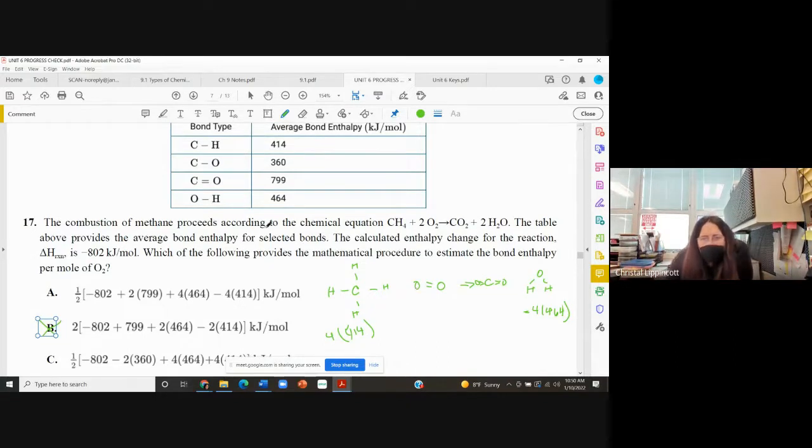They don't even have the double bond for the oxygen. Oh, because that's O2, so that's going to be 0 anyway. That's why. Why would it be 0? Because it's a gas at room temperature and the bond enthalpies for those. No, that's not right.